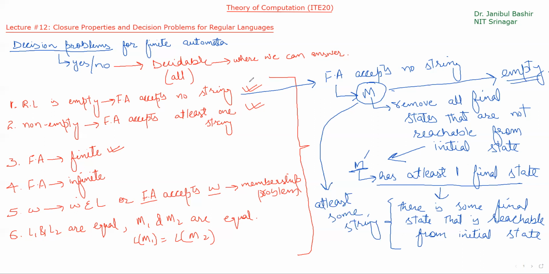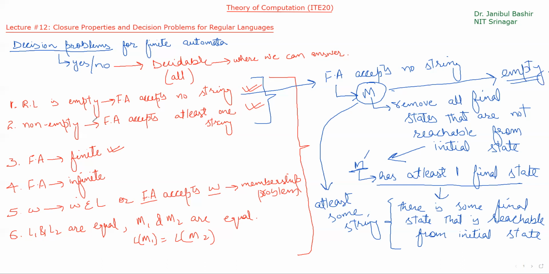So if we have a finite automata, we should remove all those final states which are not reachable from initial state. Not reachable from initial state means that there is no string that will take us from the initial state to the final state, because there is no path from the initial state to the final state.